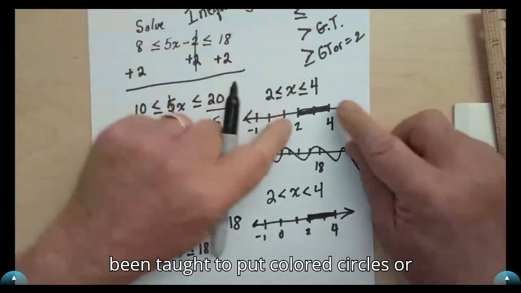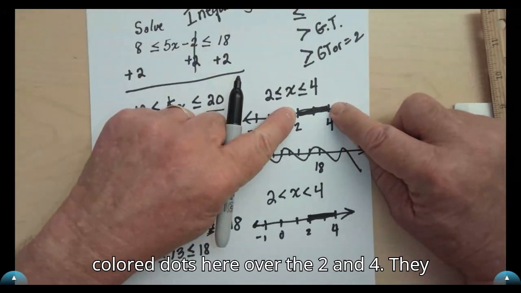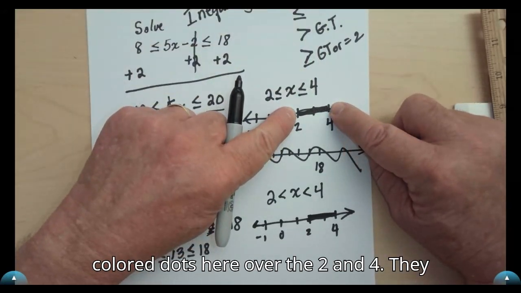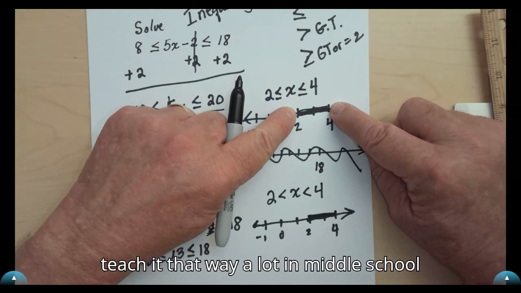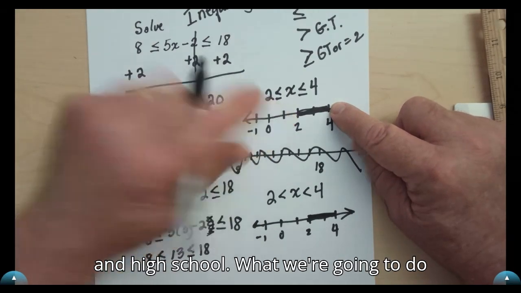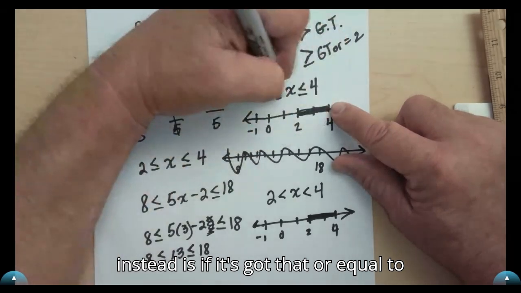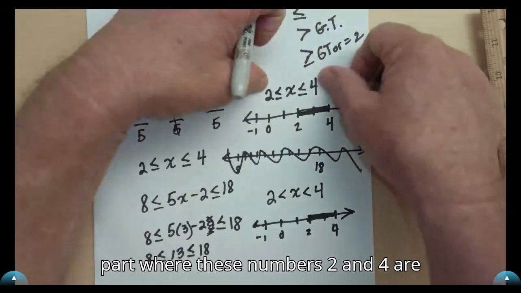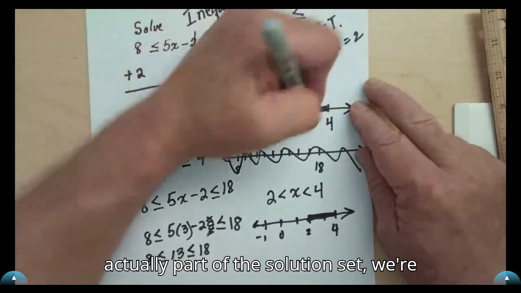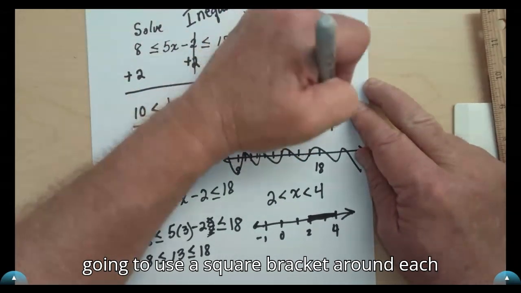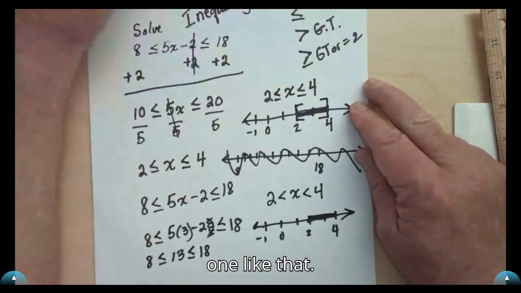Some of you have been taught to put colored circles or colored dots here over the 2 and 4. They teach it that way a lot in middle school and high school. What we're going to do instead is, if it's got that or equal to part, where these numbers 2 and 4 are actually part of the solution set, we're going to use a square bracket around each one like that.